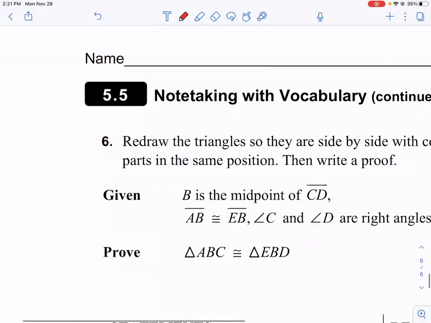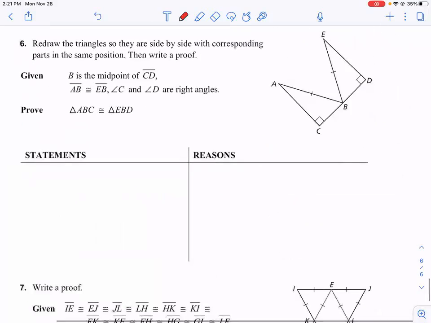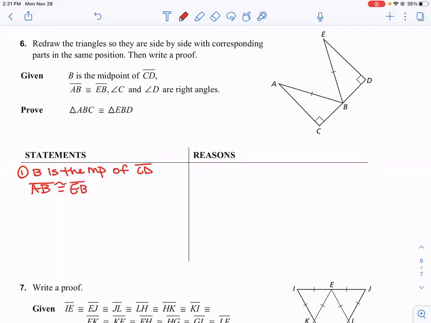Okay, cool. All right, so let's come over here to number 6. This is how we're gonna finish our day. B is the midpoint of CD. AB is congruent to EB. And angle C and angle D are right.